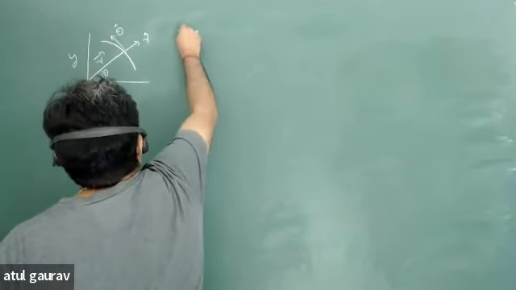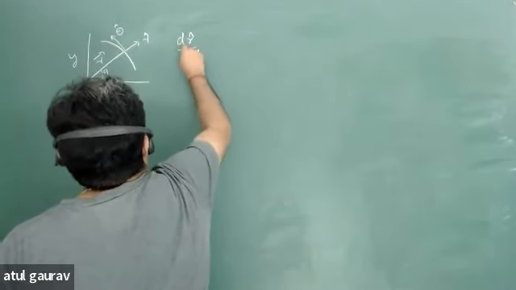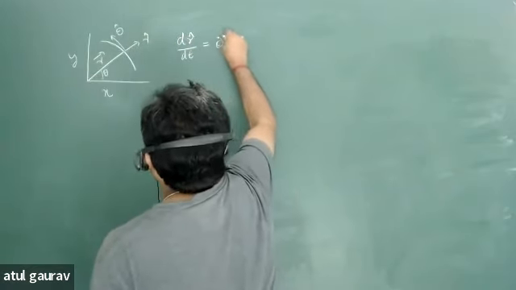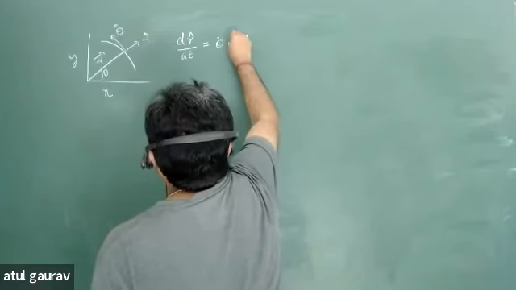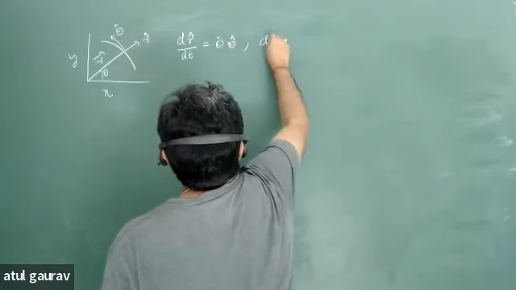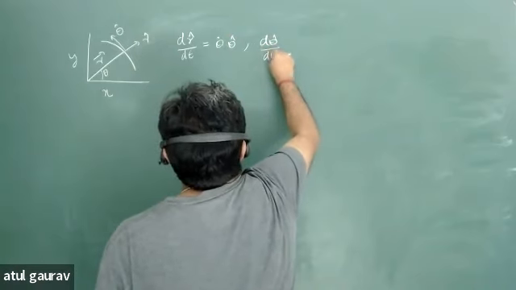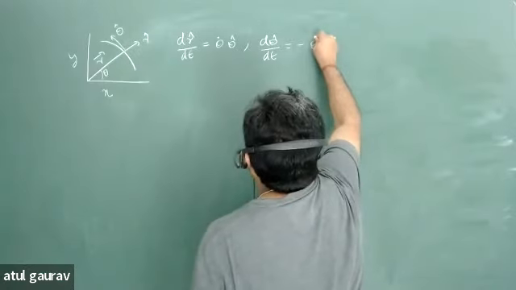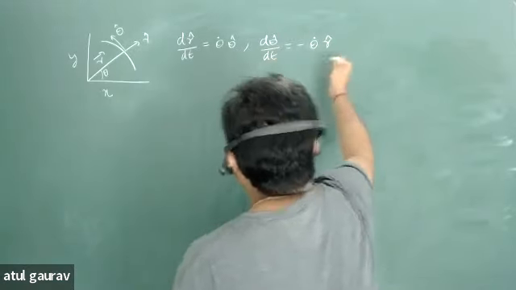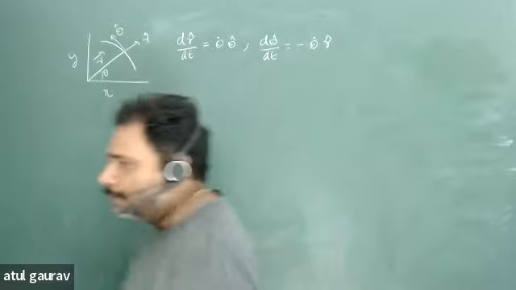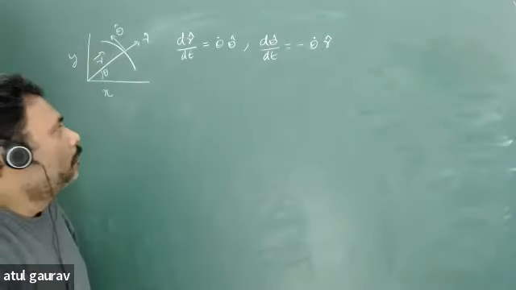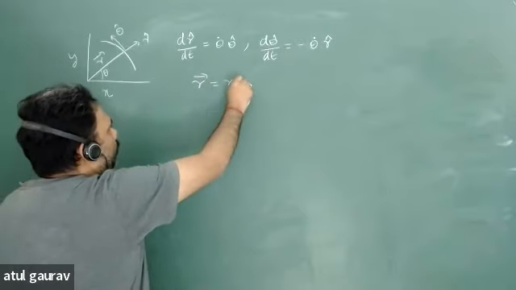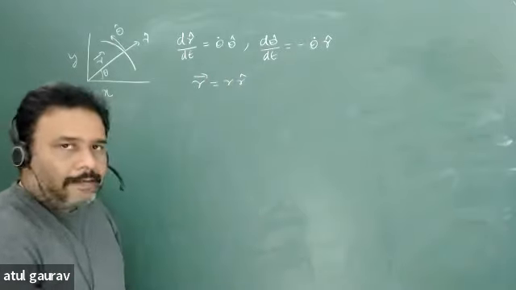And we have the mother equations: dr cap upon dt is equal to theta dot theta cap, and d theta cap upon dt is equal to minus theta dot r cap. पिछले बार जैम के एग्जाम में तो जस्ट फॉर्मूला ही पूछ दिया था ये। And what is my r vector in polar coordinates? r cap. क्लियर है ये?